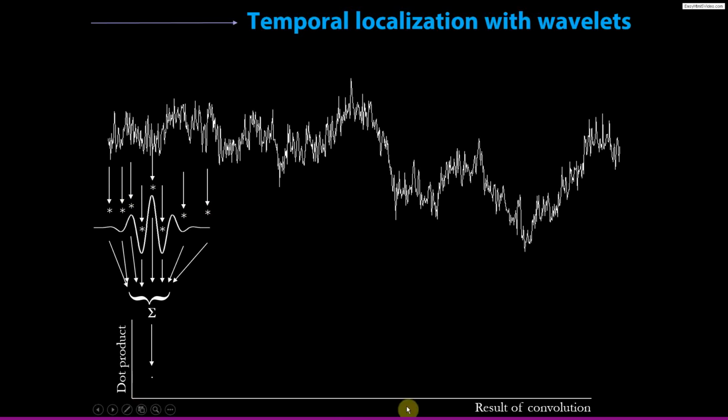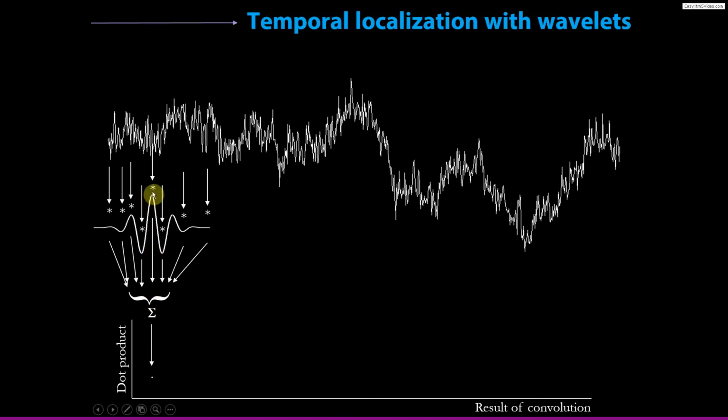Now the result at each step of convolution is plotted at the center of the wavelet. So here we have the wavelet, or the kernel, aligned with this section of the data, and we do the element-wise multiplication and sum, that's the dot product, and then the dot product is plotted in a location corresponding to the center of the wavelet.